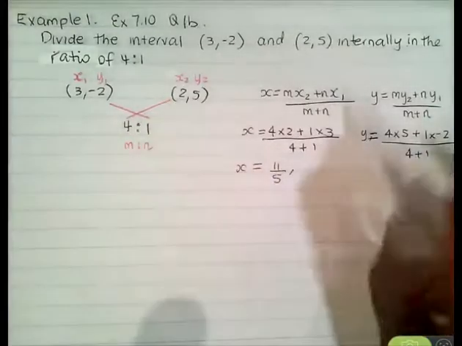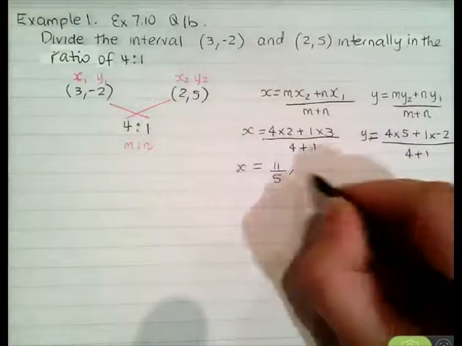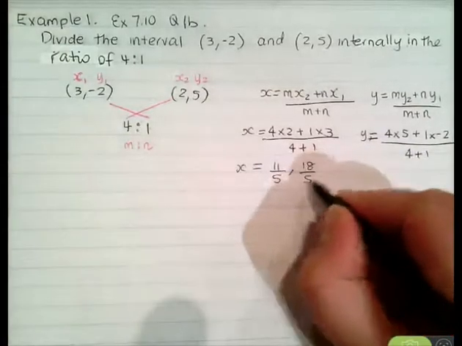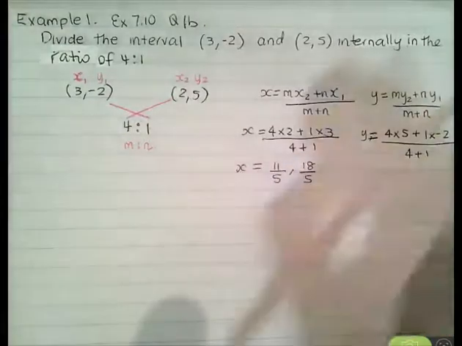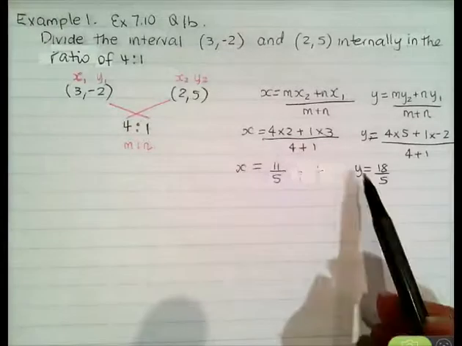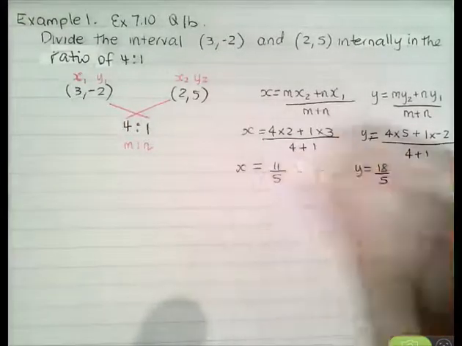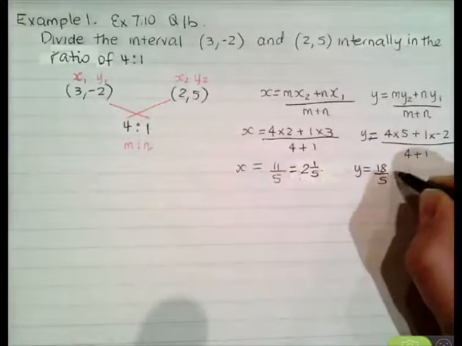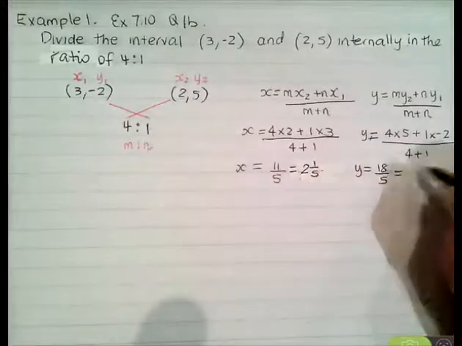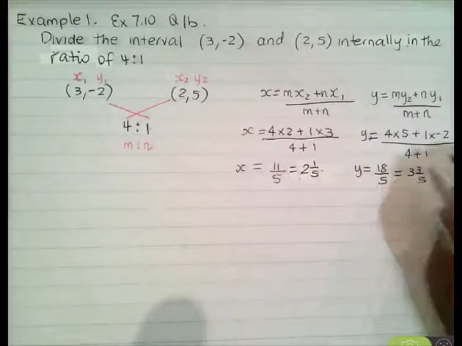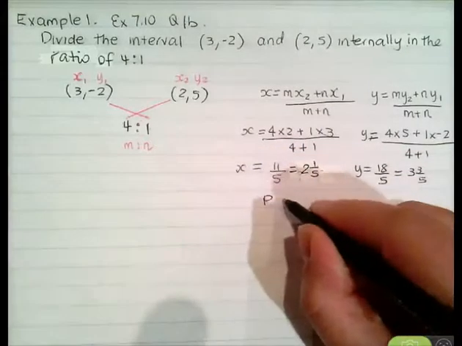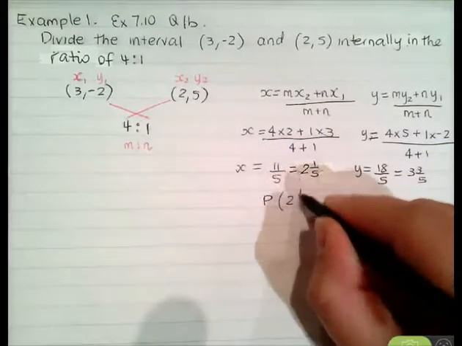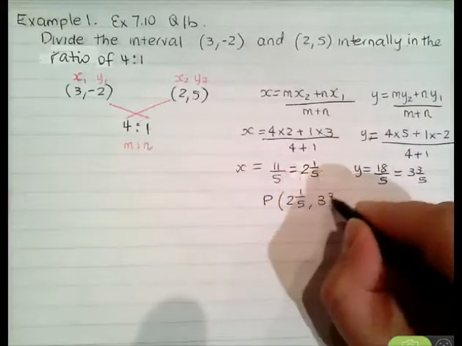And the y value is 20 plus -2, in other words 18 over 5. Sorry, I'll just fix that up. And the y value is 18 over 5. Now 11 over 5 is just 2 1/5, and 18 over 5 is just 3 3/5. So the point that divides the interval internally in the ratio of 4 to 1 is (2 1/5, 3 3/5).